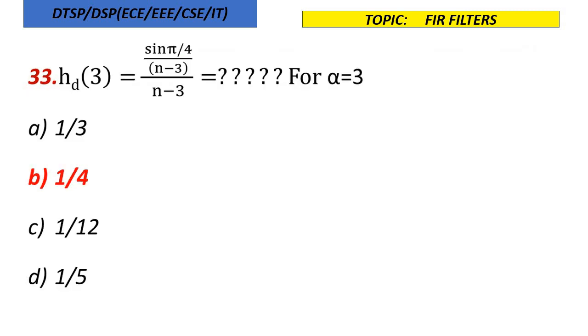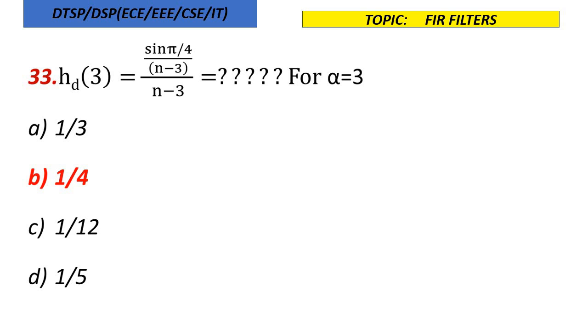Given the expression of hd of n, with alpha equal to 3. Suppose alpha and n are equal, because hd of n at n equal to 3 and alpha is also 3. In that situation, what is the value of hd of 3? This is a part of what we solve in the Fourier transform as well as windowing technique methods.